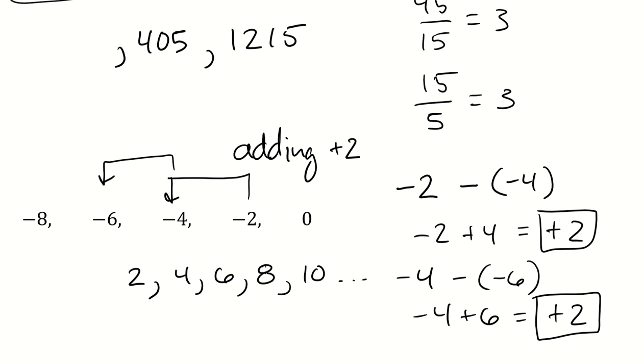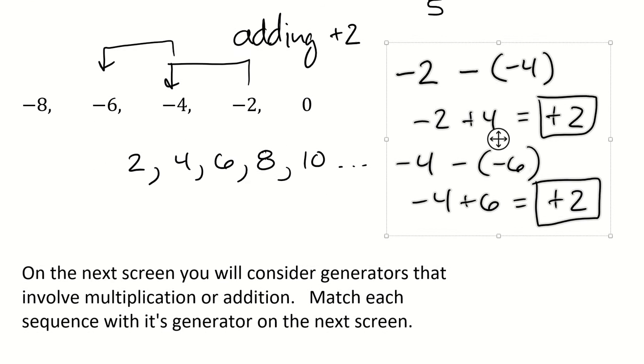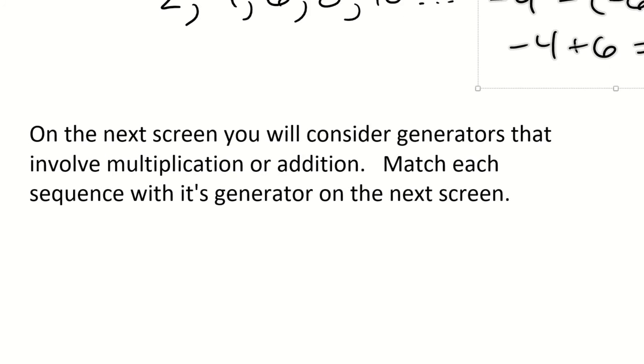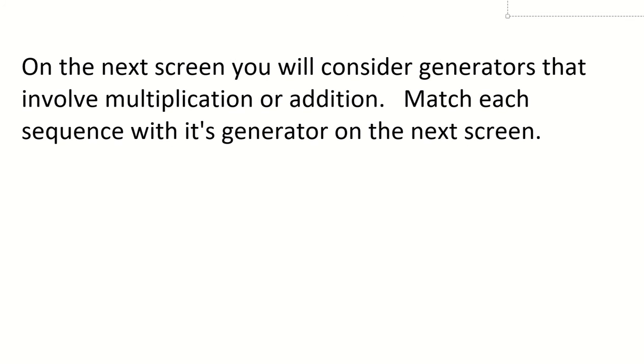So that's the sequence. On the next slide that you go to in Desmos, I would like you to consider generators that involve multiplication or addition. There's going to be several of them, and I'd like you to match each sequence with its generator.